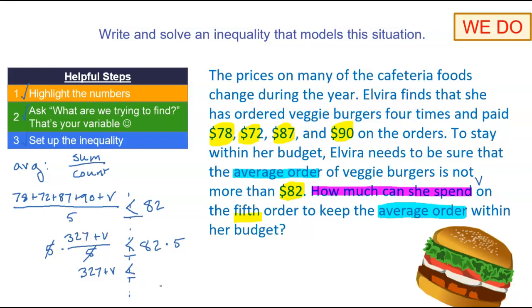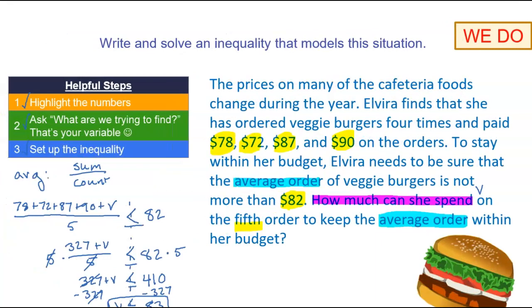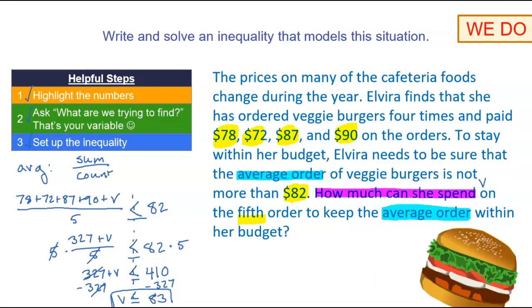On this side, we get 82 times 5, which is 410. And our last step is to subtract 327. That's the inverse operation of add. These 327s cancel. We get v is less than or equal to 410 minus 327 is 83. So there's our answer. V is less than or equal to 80. Oops. Let's bring that back. V is less than or equal to 83.